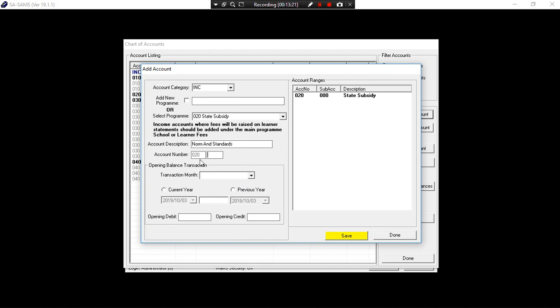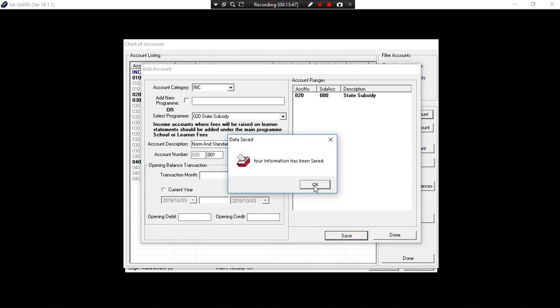The account type is already there, so now we say 001. Where do we get the 001? You already have the 000 here, so it's followed by the 001 in terms of numbering. Then in terms of opening balance, we do not have any amount that has been transacted into the norms and standards, so we leave it as it is.